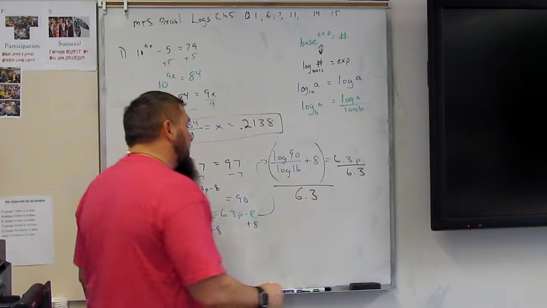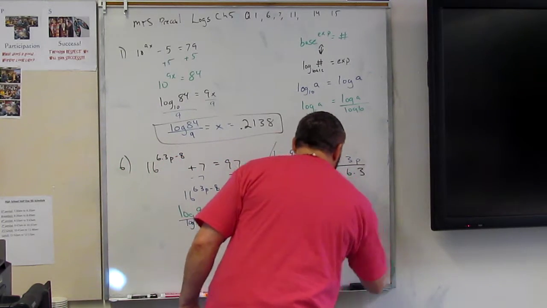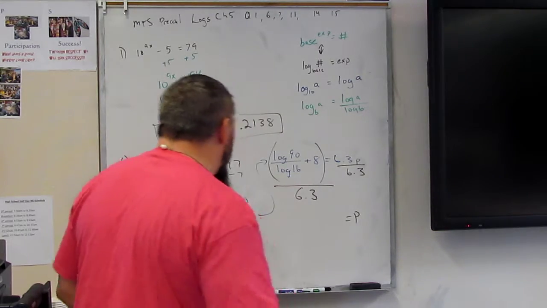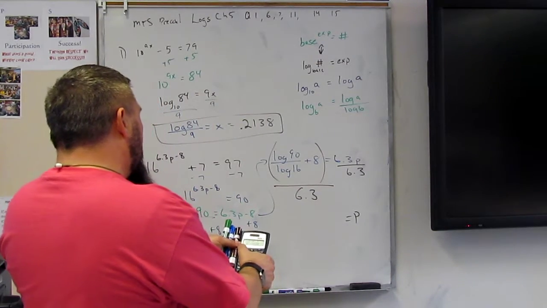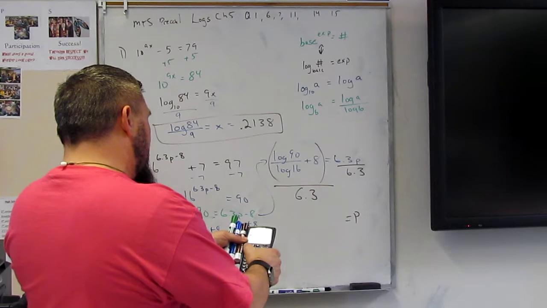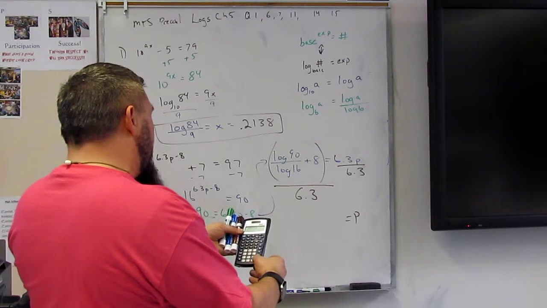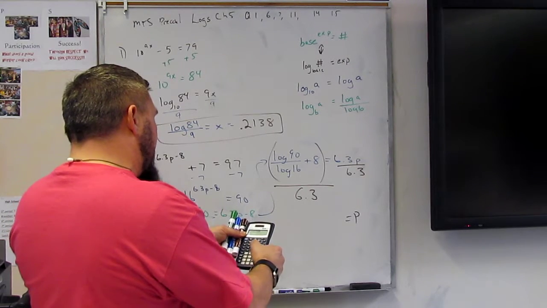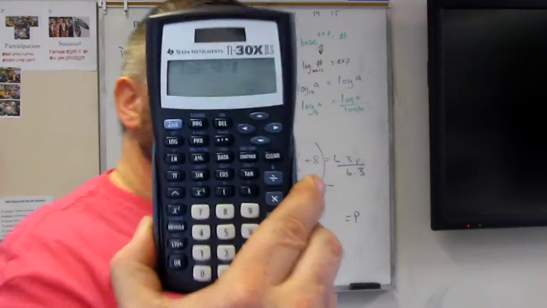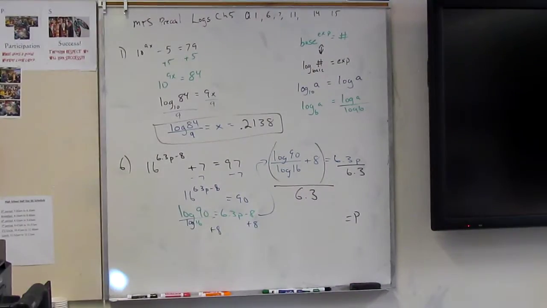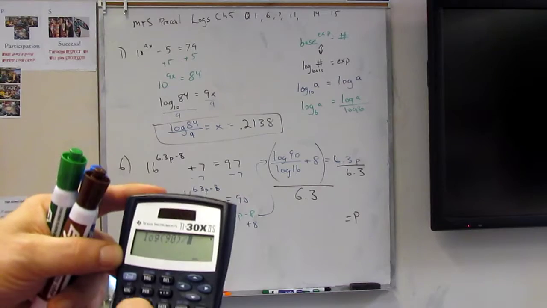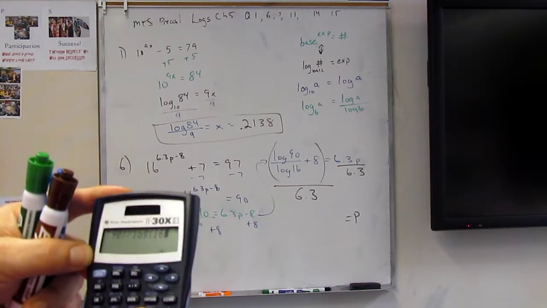So when I plug that into my calculator, I'm going to do log 90, divided by, so I have to end that parentheses, divided by log 16.